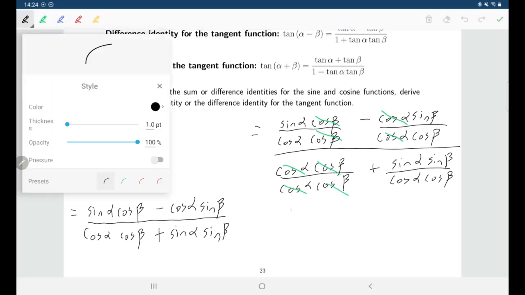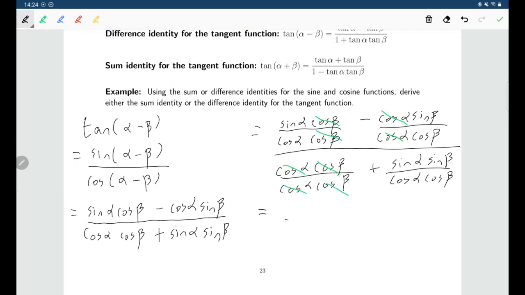So what do we have? Well, we're left with, in the numerator, sine alpha over cos alpha, which is the same thing as tangent of alpha, minus sine beta over cosine beta, which is tangent beta.